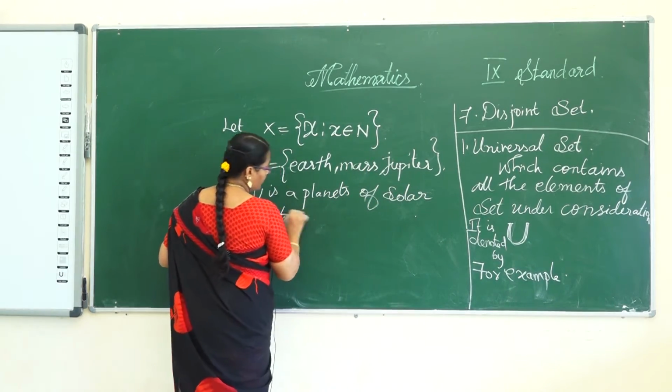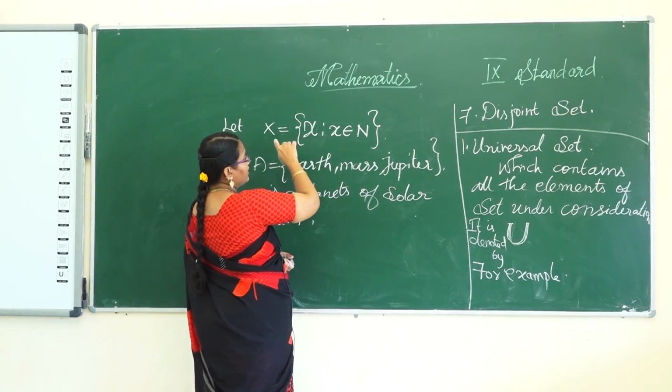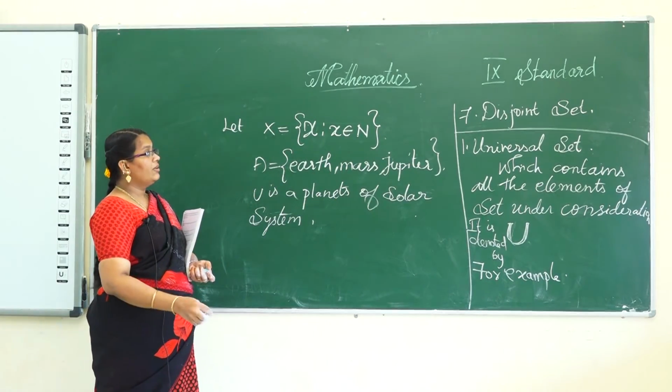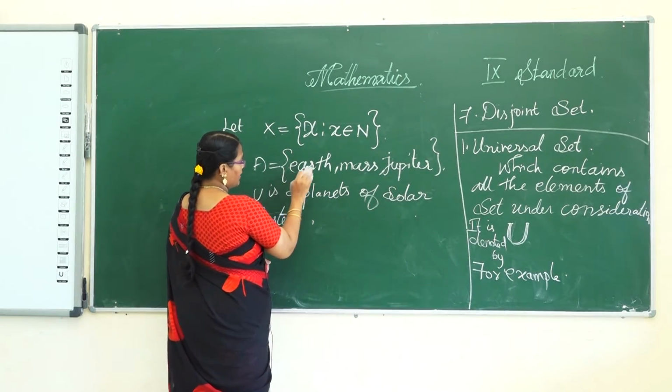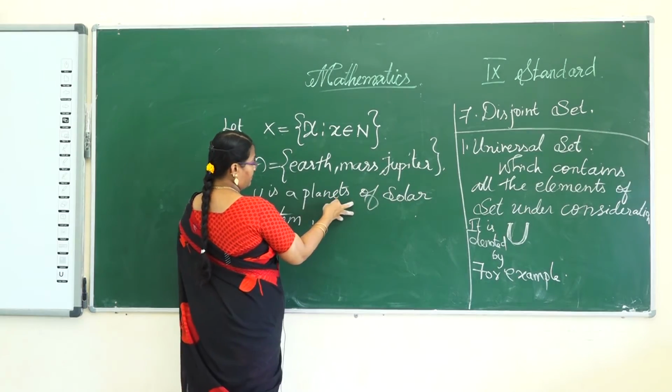Here the set A is considered to be Earth, Mars, Jupiter, then U is the planets.